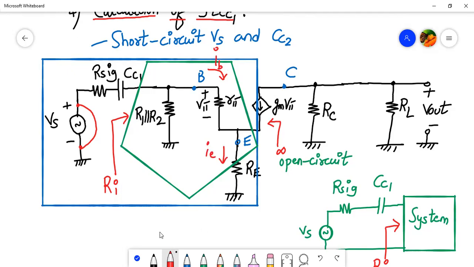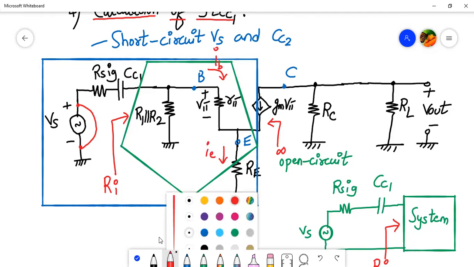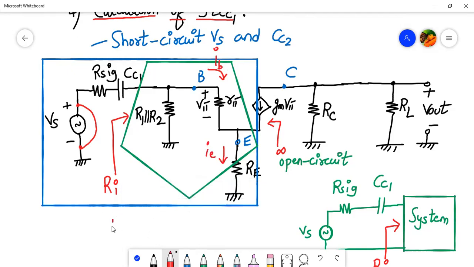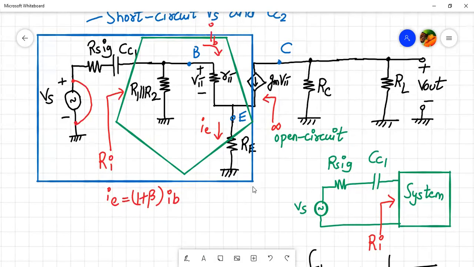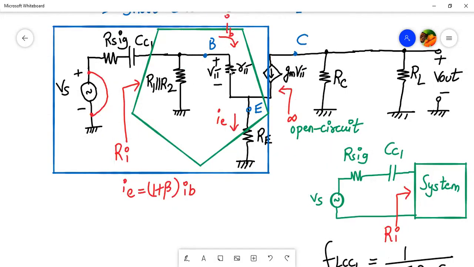Now, how are IE and IB related to each other? IE is 1 plus beta times IB. So if I consider RE, which is in series with R pi, all the current should be in the base current form. So I will replace IE by 1 plus beta times IB.